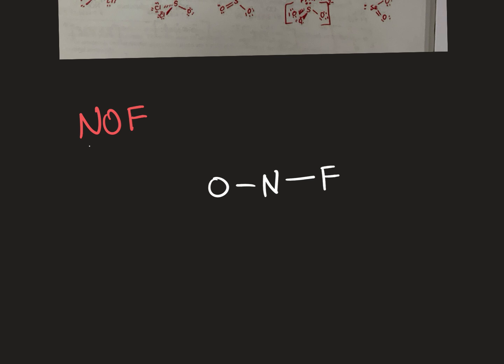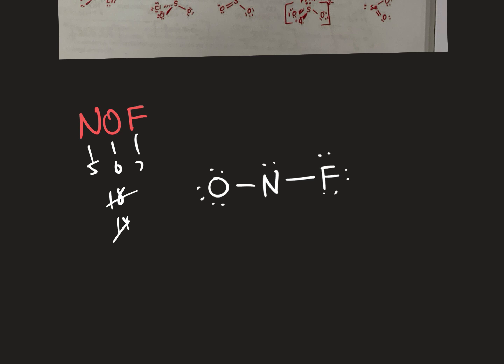So let's count these. There's 5, 6, and 7. That's a total of 18, okay? So 2, 4, we have 14, 2, 4, 6, 8, 10, 12, 14, okay?